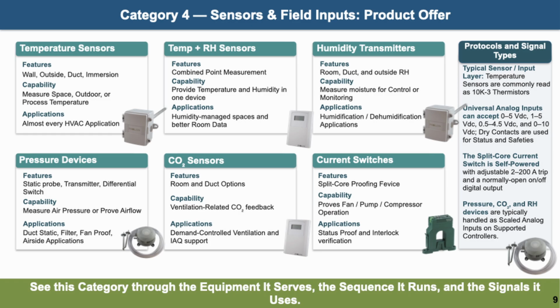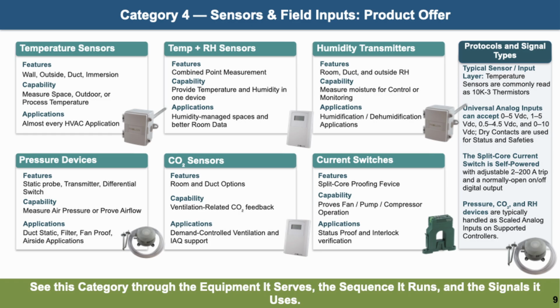Temperature sensors are commonly read as 10K3 thermistors. Universal analog inputs can accept signal ranges such as 0 to 5 volts DC, 1 to 5 volts DC, 0.5 to 4.5 volts DC, and 0 to 10 volts DC on supported controllers. Dry contacts are used for status and safeties.